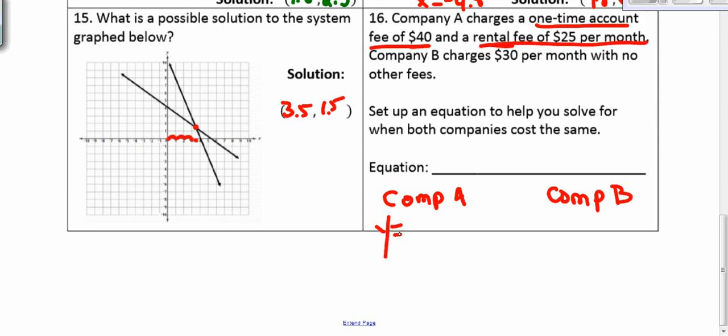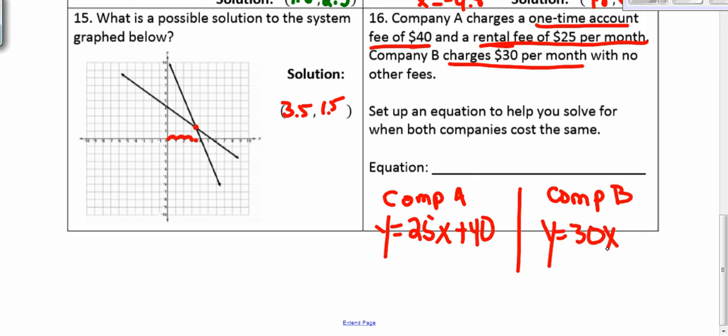So this is y equals, remember y is the total cost, 25x for the monthly fee, and then the one-time fee of $40. Company B just charges $30 per month with no other fees, so it's y equals 30x. Just like when you substitute, you circle this one and put it in for the other y. This is just like a substitution problem.